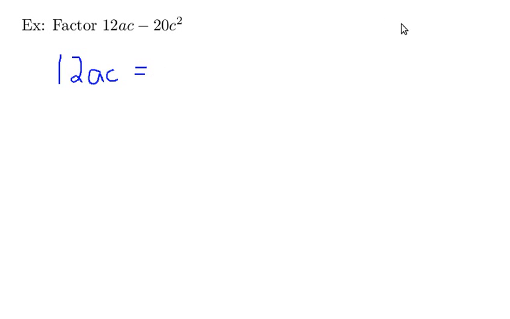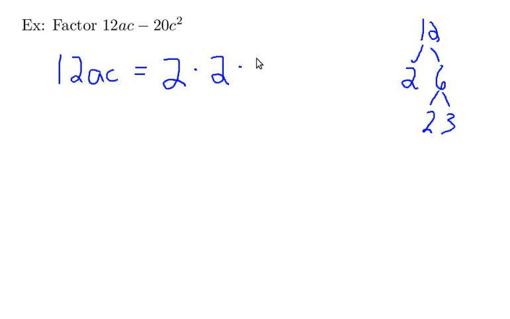So 12 is going to be, I already did this before, but I'll do it again over here, 2 and 6, 2 and 3. So it's going to be 2 times 2 times 3 times a times c.